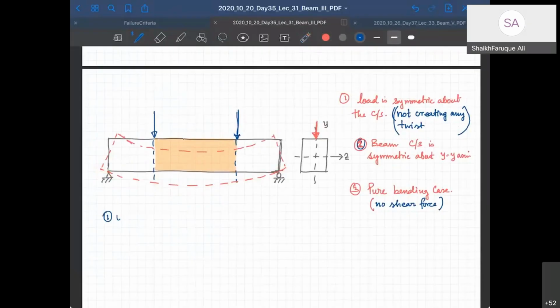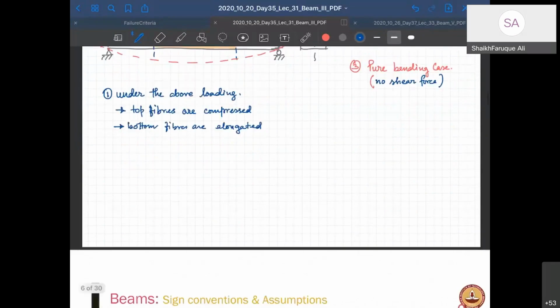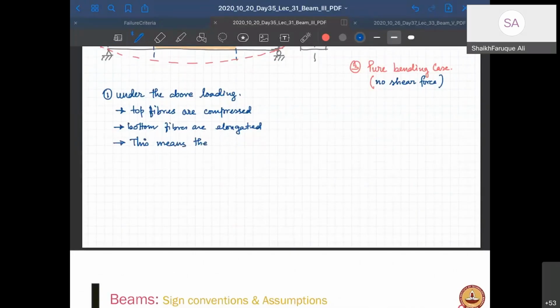Okay, under the above loading, top fibers are compressed, bottom fibers are elongated, which means this means there is a fiber which neither elongates nor compresses, right?